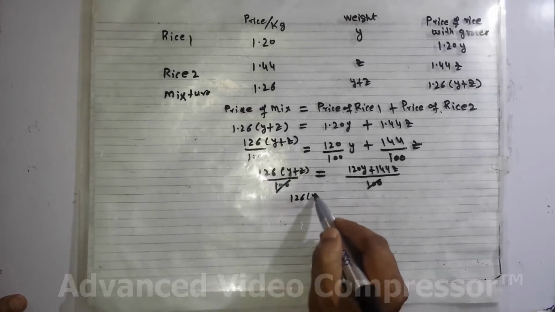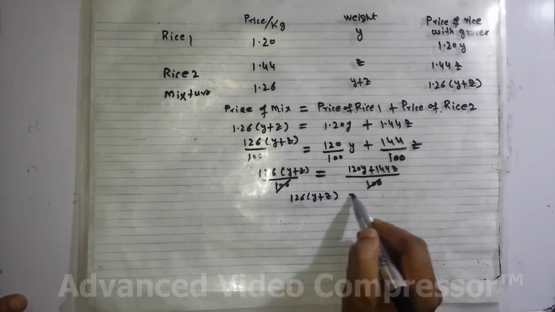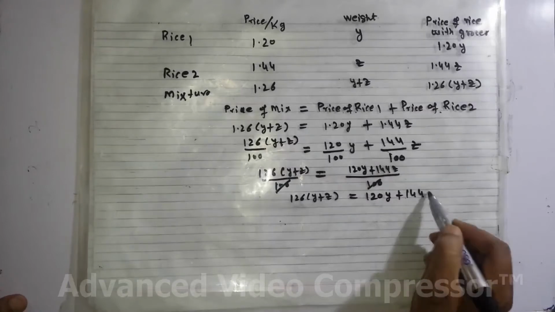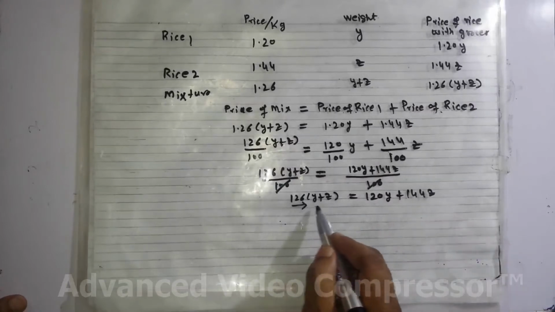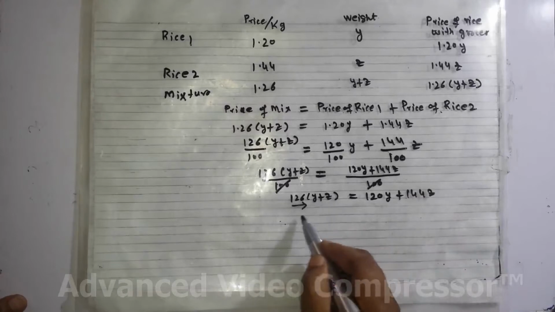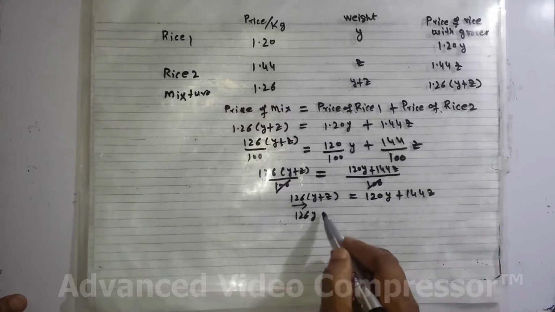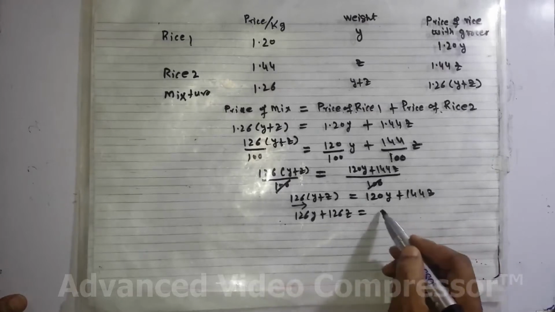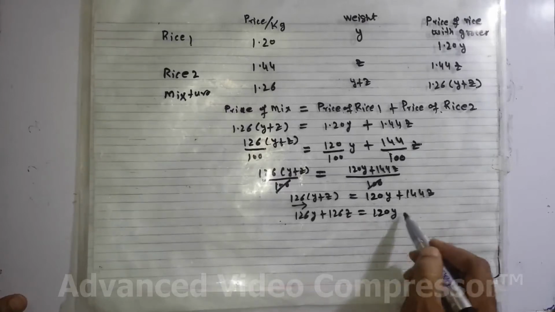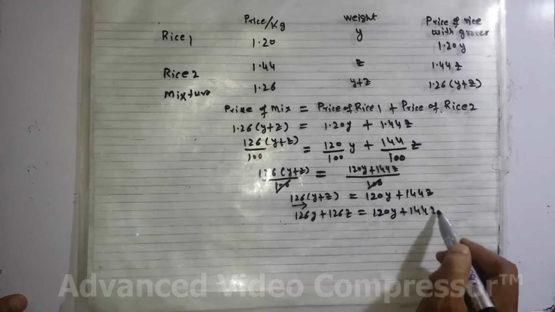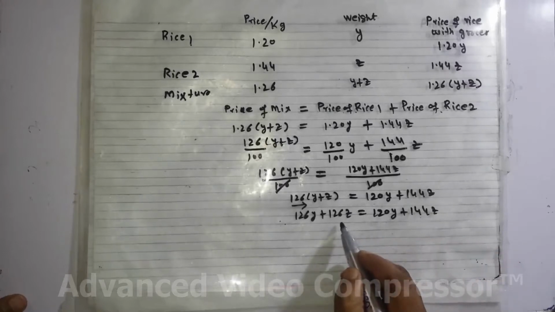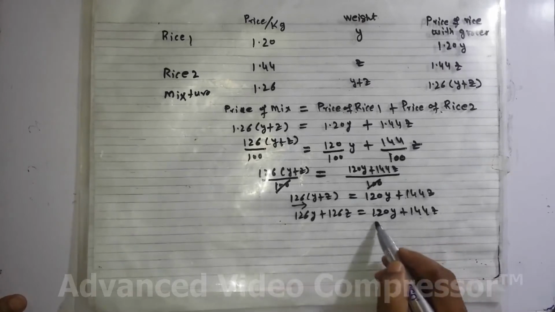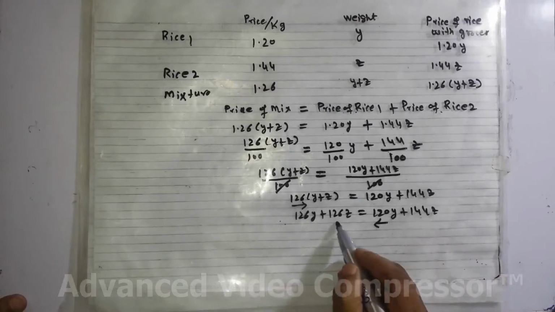Then we get 126(y plus z) equal to 120y plus 144z. Here 126 will multiply with each term inside the bracket. We get 126y plus 126z equal to, we write these terms as they are, 120y and 144z. Now we shift the terms of z to one side and the terms of y to the other side.